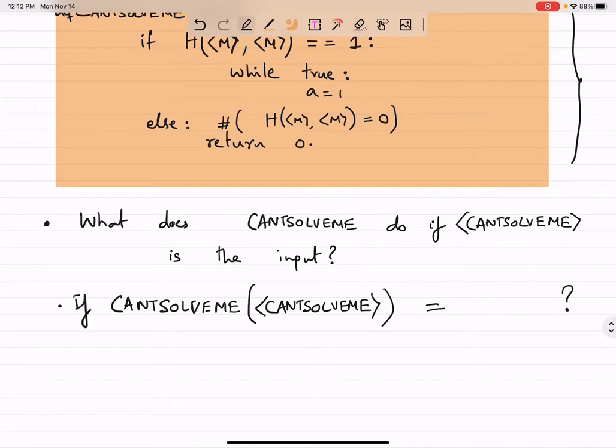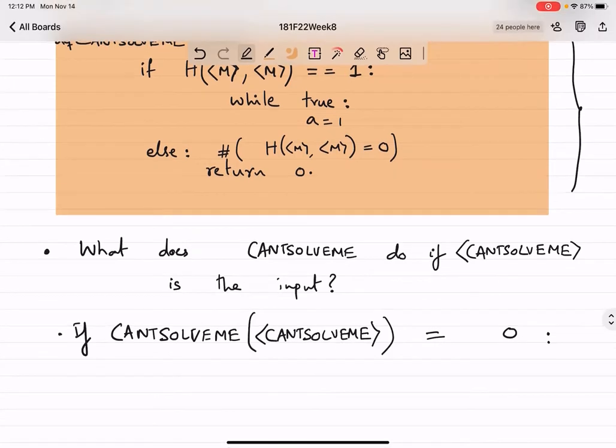The two options are either 0 or 1. If it is 0, meaning the program halted and gave some output, this implies that can't solve me halted.